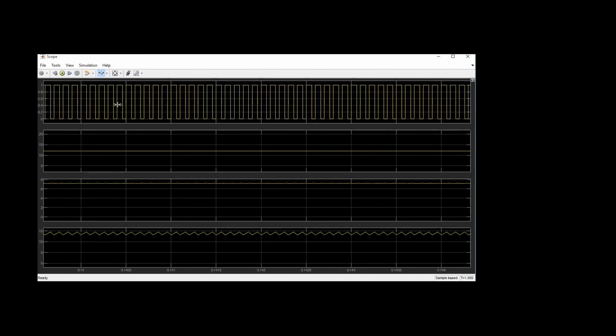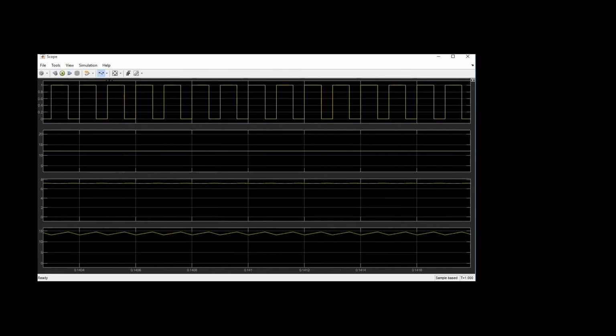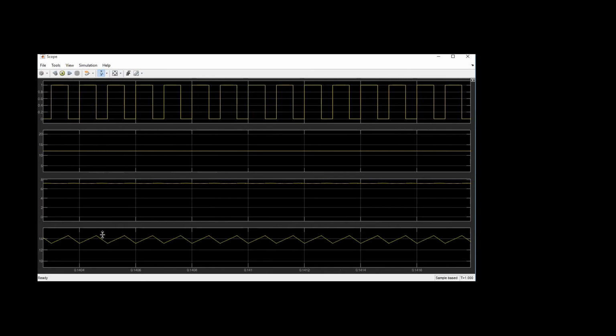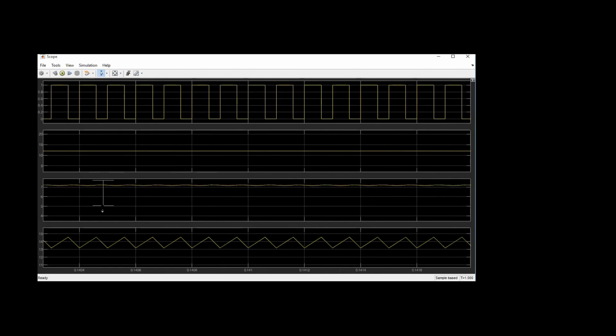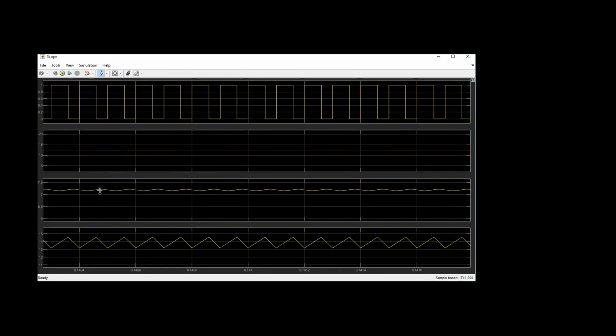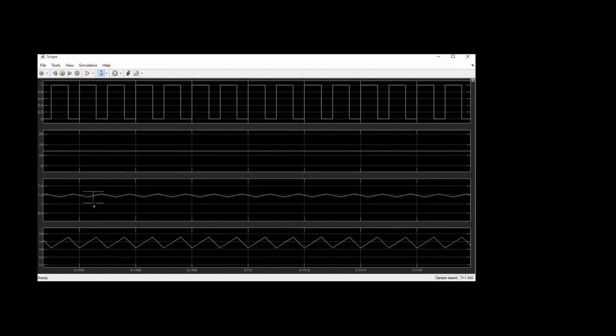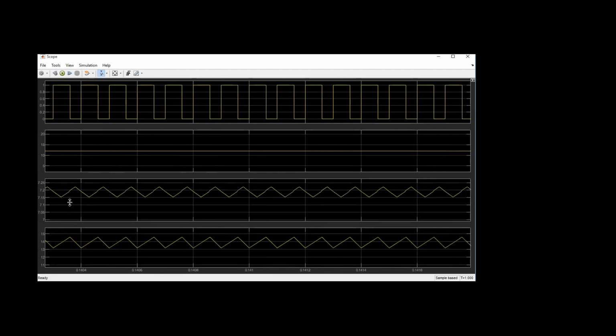Okay, this much you will see. So this is output current. This is output voltage. It is varying between 7.2 or 7.3 on an average.